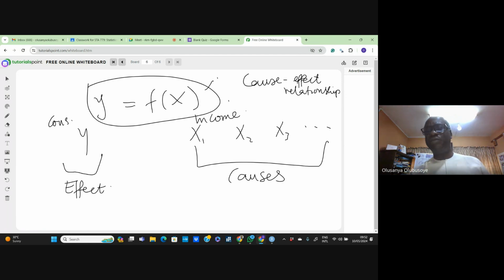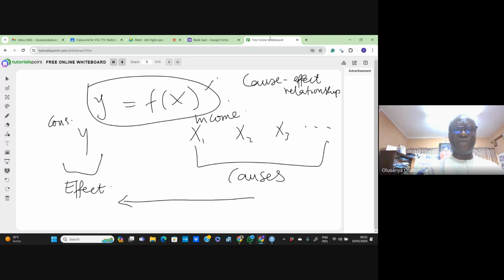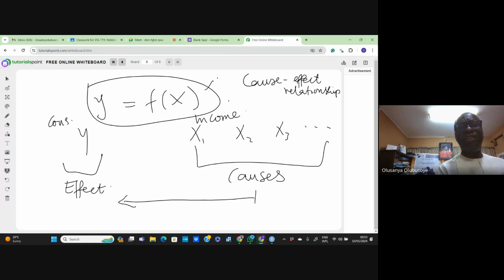There could be other variables, so holding them constant. So here we are talking about a cause-effect relationship. The relationship is from X to Y. And that is what any regression model is doing.